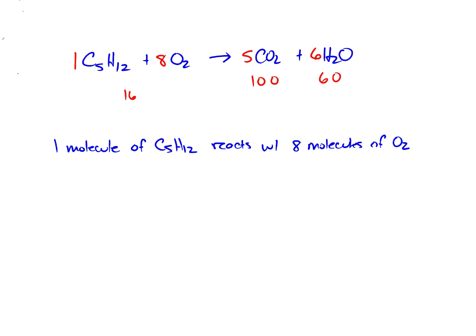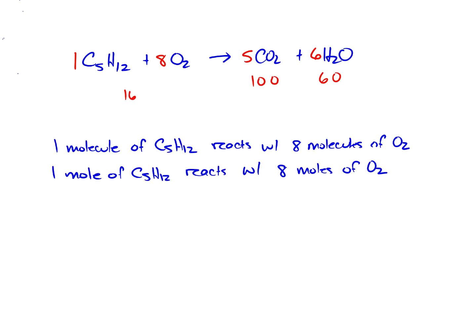Okay, now we typically don't work with single molecules, so we don't say those type of things a lot. We typically work on a mole scale. So another way to say this is if we have 1 mole of C5H12 reacts with 8 moles of O2.